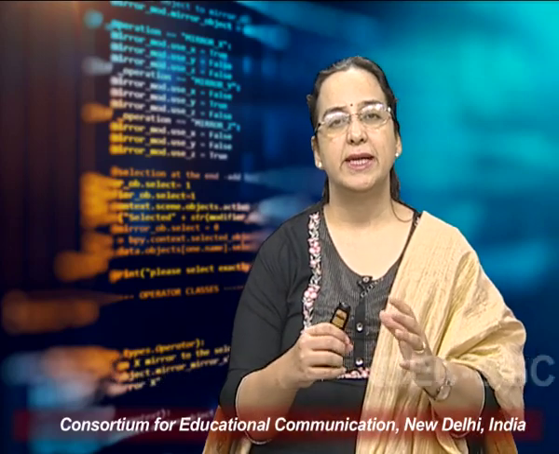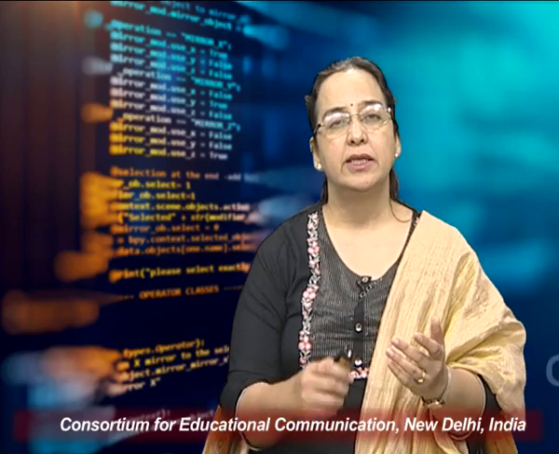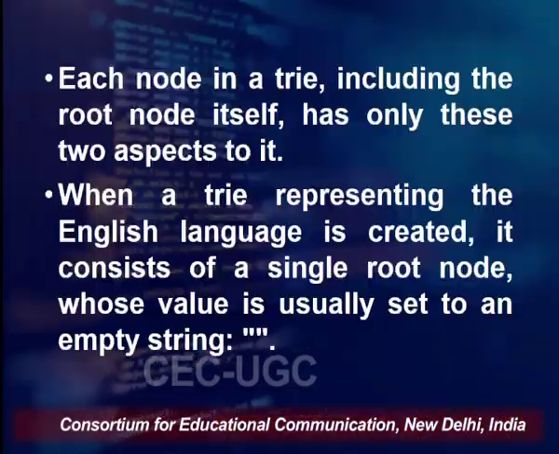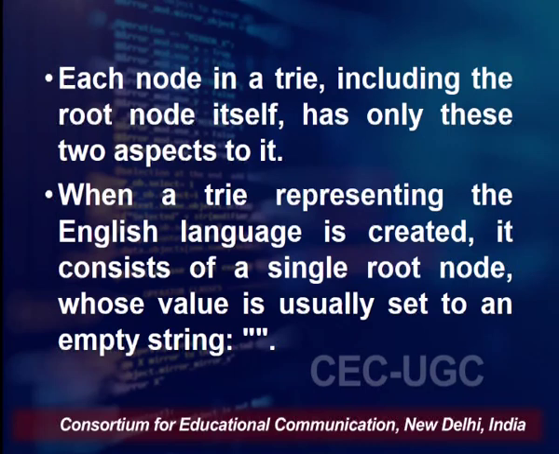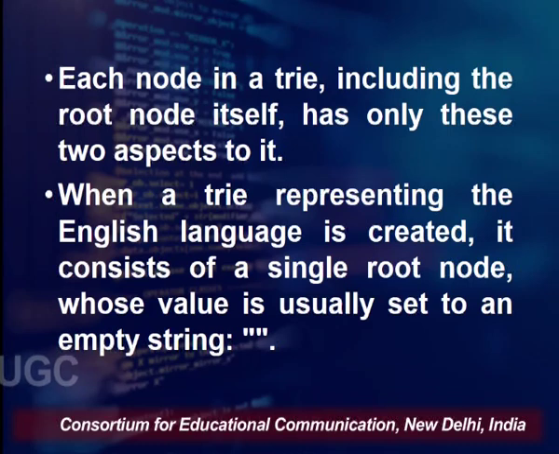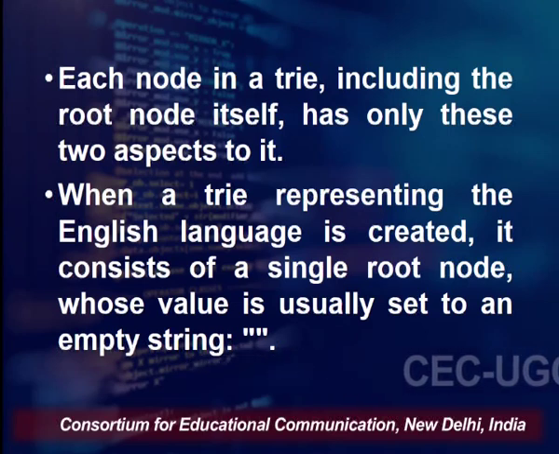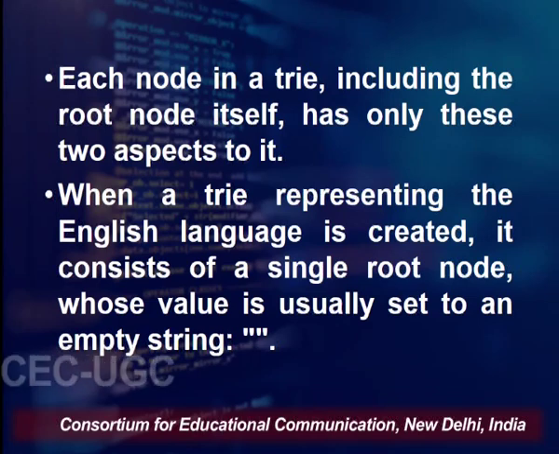So this is how we are going to describe the structure of a trie, and each node in a trie, including the root node itself, will have two aspects to it. I have already told you that the trie representing the English language, when it is being created, consists of a single root node.